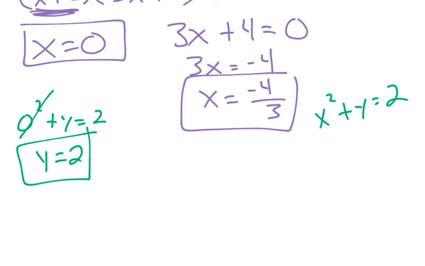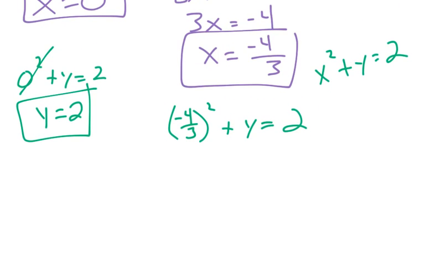For the second solution, we need to plug that in as well. So we have negative 4/3 squared plus y is equal to 2. Negative 4/3 squared means negative 4/3 times negative 4/3. Negative times negative is a positive. 4/3 times 4/3 would be 16/9 plus y is equal to, now I'm also going to turn 2 into ninths.